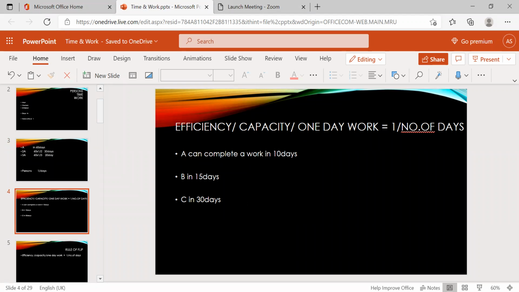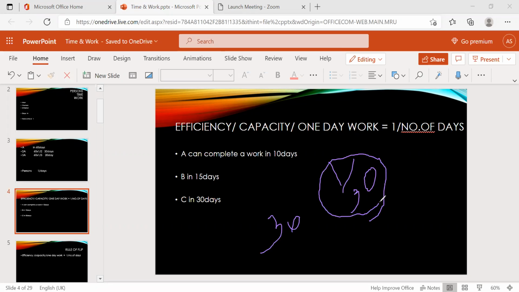In one day, how many apples can he eat? It's nothing but one by the number of days. So 30 days is given, so 1 by 30 is the one day work.